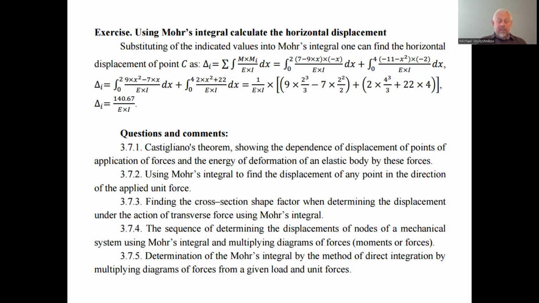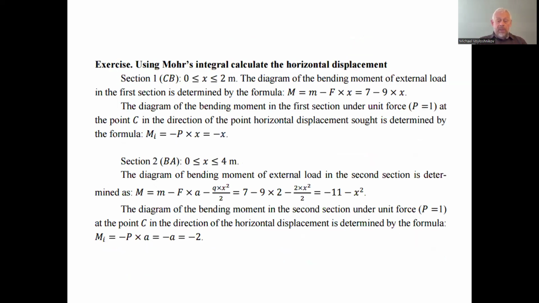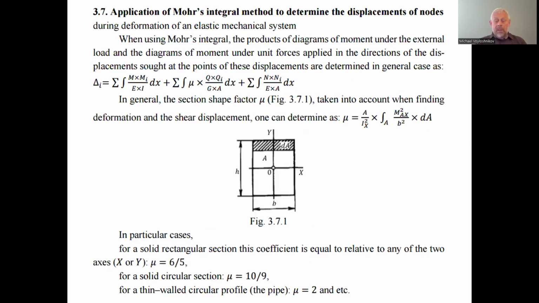In the numerator of the integral we have the moment of inertia of the cut-off part of the transverse section area, and in the denominator we have the squared width, the thickness, of the transverse section of the mechanical system, and then the product by the increment of the area of this shape.